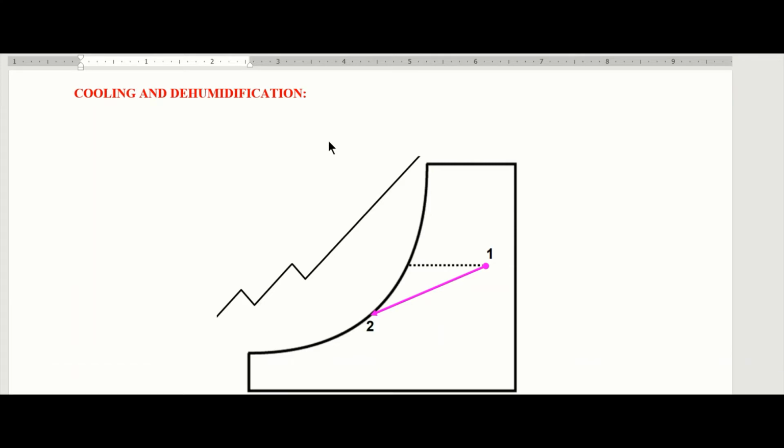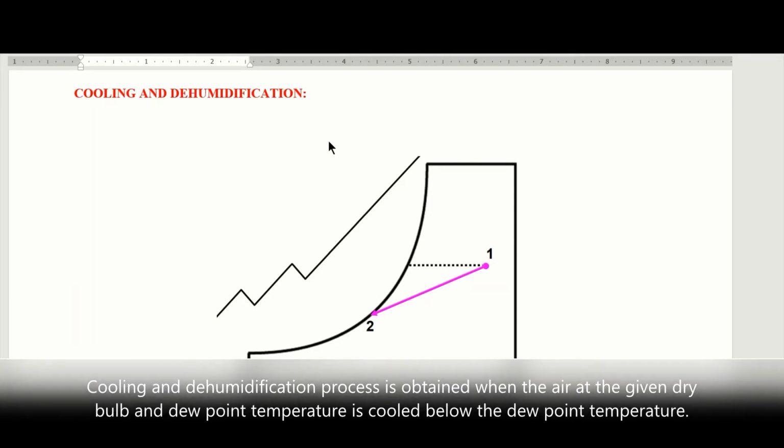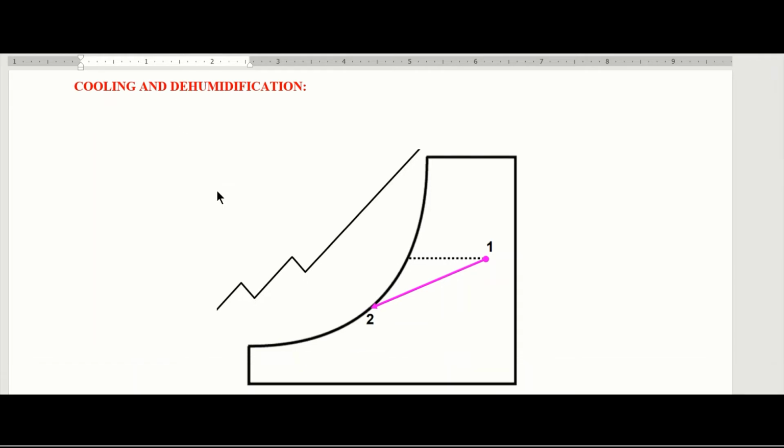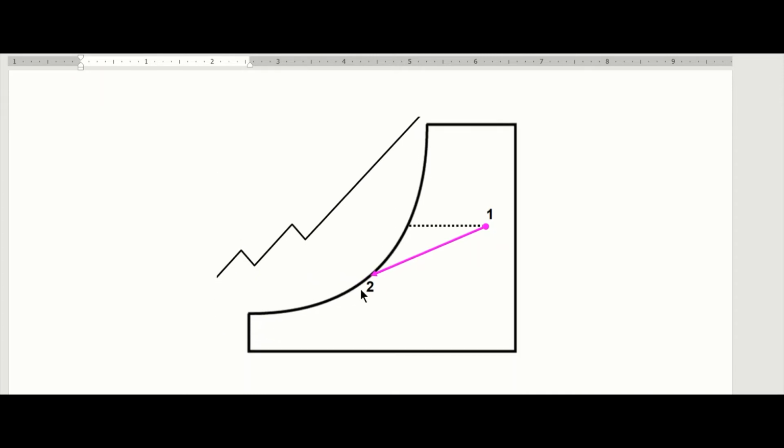It is obtained when the air at a given dry bulb temperature and dew point temperature is cooled down below the dew point temperature, as you can see on this chart.